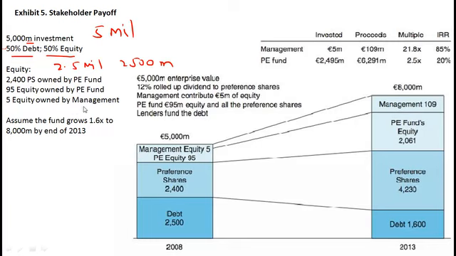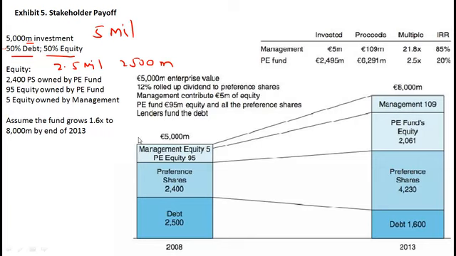What do we mean by management here? Management of the company. This is aligning the incentives of the company with the private equity fund. In the private equity fund, are we talking about the limited partner or general partner? We are talking about both. So here we are talking about them collectively. So 5% is owned by management.